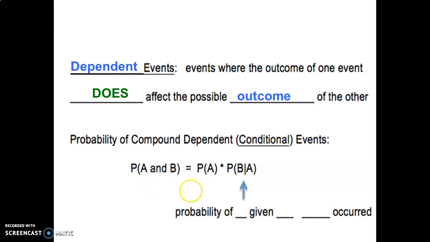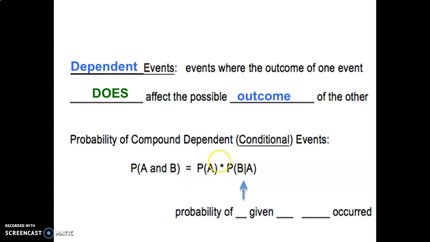So for dependent events, the formula is the same. You still multiply the two probabilities. Please don't be confused by the symbol. Imagine it the same way as the last problem. All you do is multiply one probability by the next, and you get your full probability for the dependent event. However, this symbol here tells us that the probability of the second thing depends on what happened in the first one. So this probability for the second event can change depending on what happened.